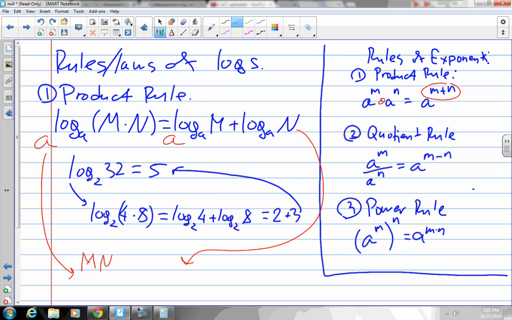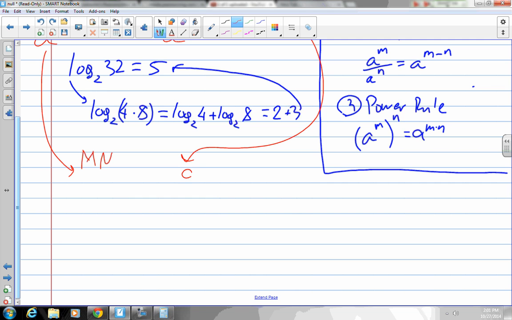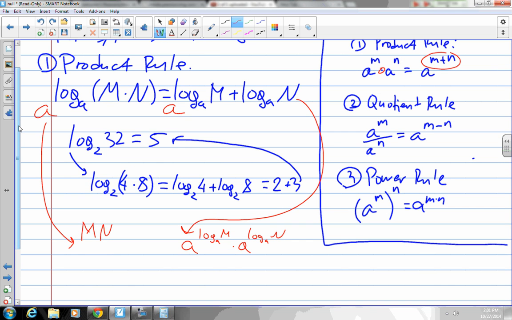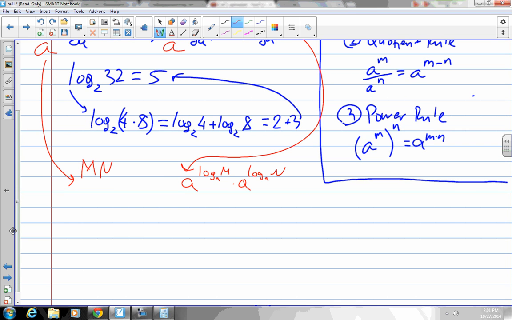So if I see something to a power that has an addition, I can always think of that as a to the power log base a of m times a to the power log base a of n. I went from here to there, just working backwards with my rules of exponents. Well then, a to the power log base a of m is m, a to the power log base a of n is n, and the operation is a product, so mn equals mn.